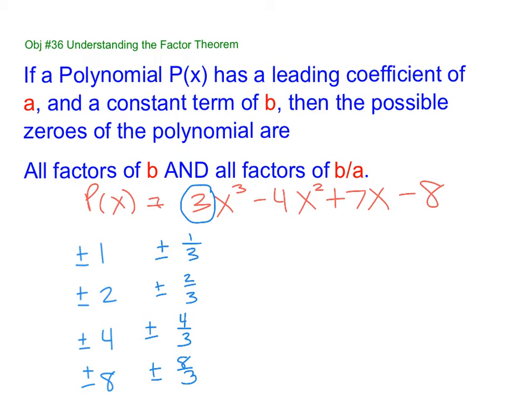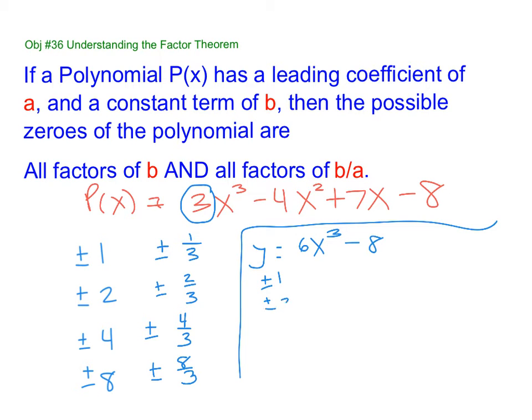What makes it even harder would be if, say the leading term was a 6, then you'd have to do a third, a half. Like if you had, for example, 6x cubed minus 8. Let's just say it was that, right? So we would do all the ones with the 8. Oops, 4, not a 3.